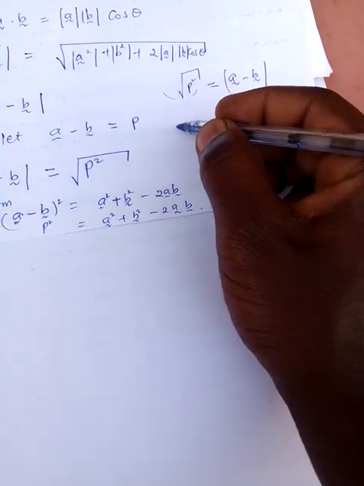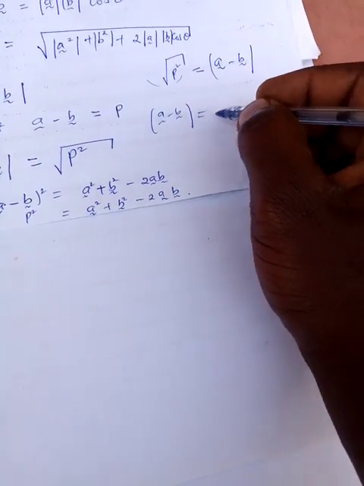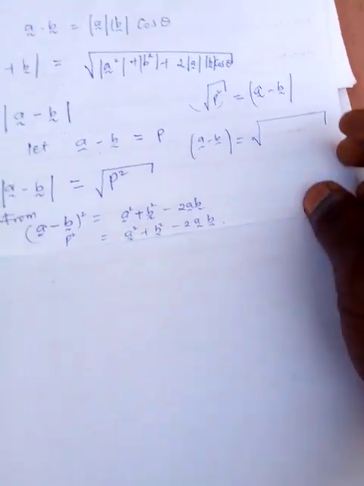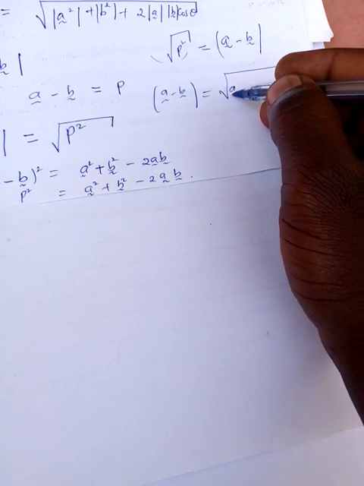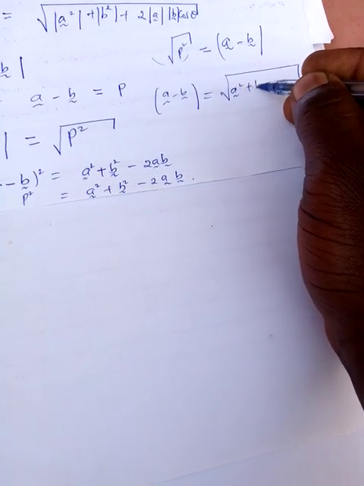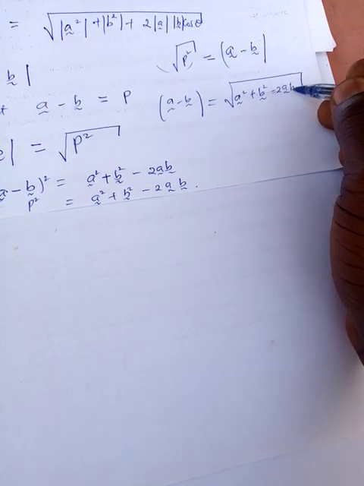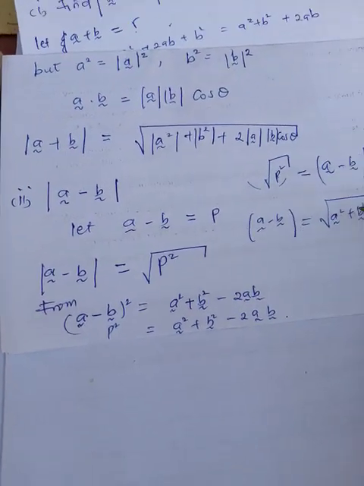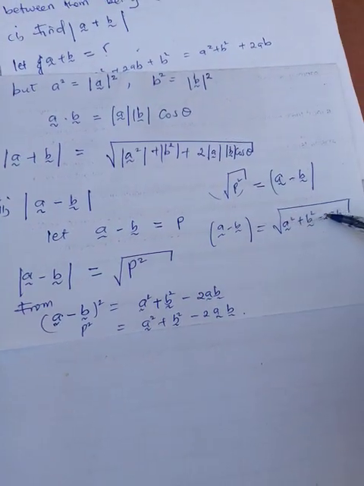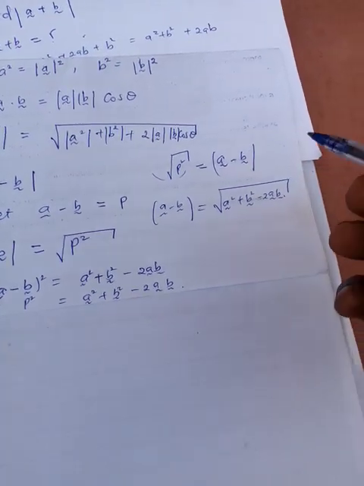So the a minus b magnitude will be the same as the square root of this one, which is a squared plus b squared minus 2ab. But we can substitute these squares for modulus.